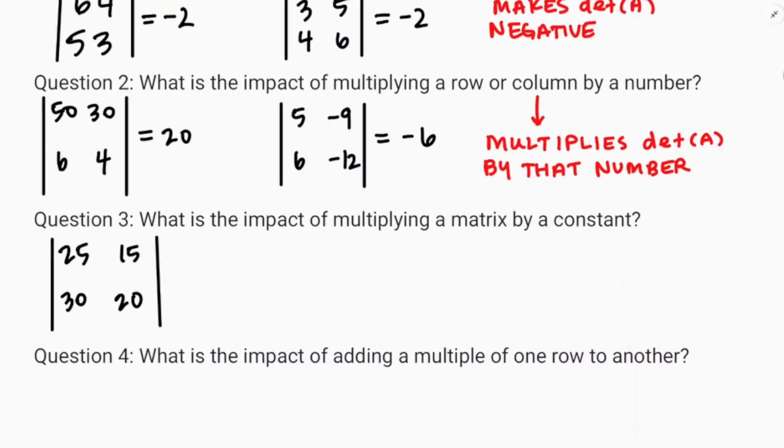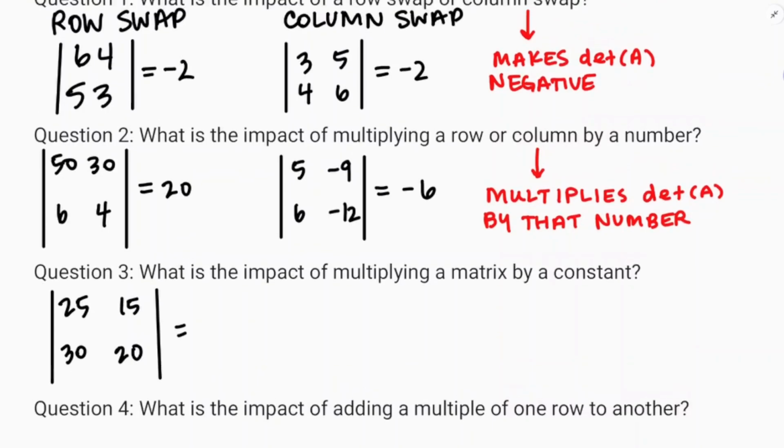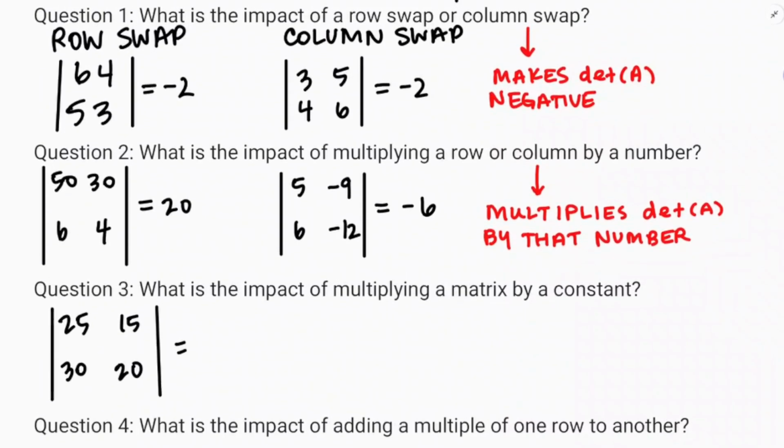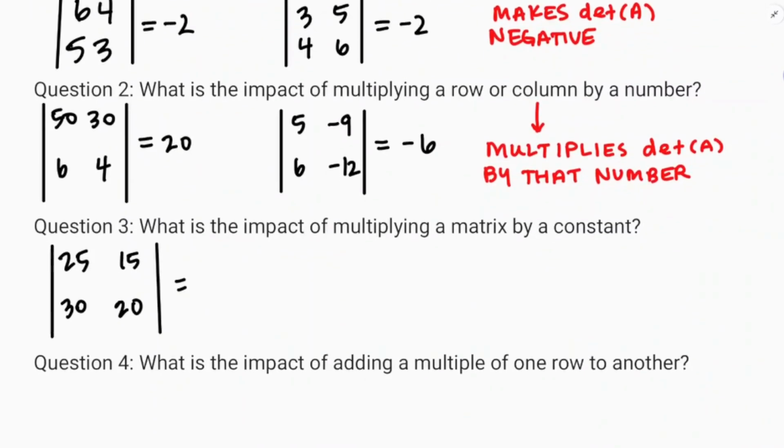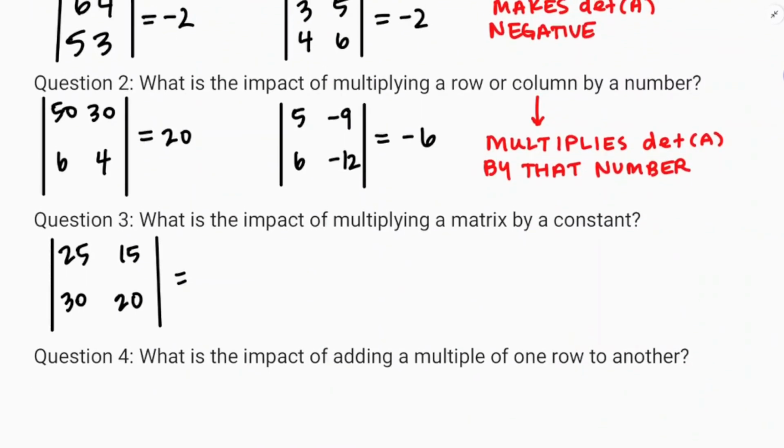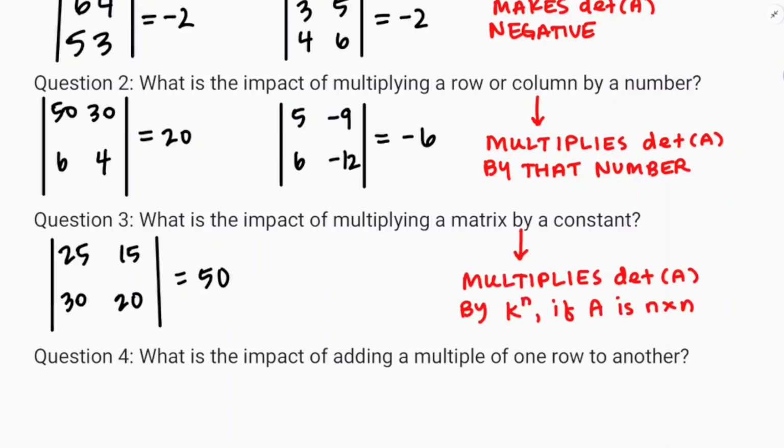Really what I did was I multiplied 2 different rows by 5, so I'm probably going to multiply the determinant by 5 twice based on the previous result, but let's just think about it. 25 times 20, that would be 500, minus 450, that's 50. And so that is 25 times the original determinant. And so we can say it'll multiply the determinant of the matrix by that factor to the nth power if A is an n by n matrix, if that's the number of rows and columns that it's got.